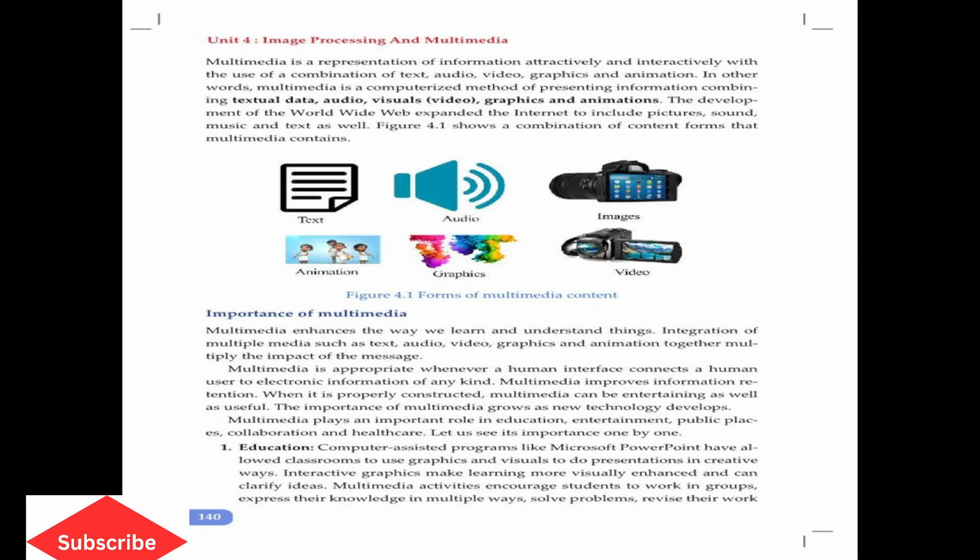When you say multimedia, you cannot say only text or only audio or only video. Multimedia can be text, video, audio, graphics, and animation, or a combination of these formats or elements. In other words, multimedia is a computerized method of representing information combining textual data, audio, visuals or video, graphics, and animation.